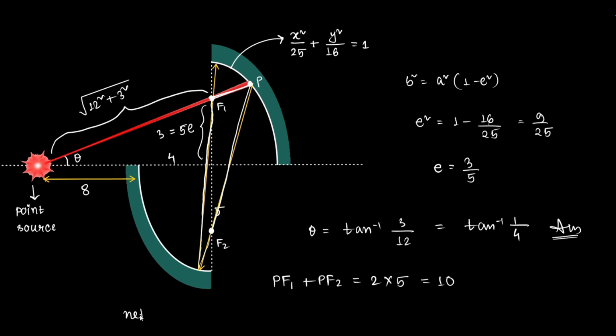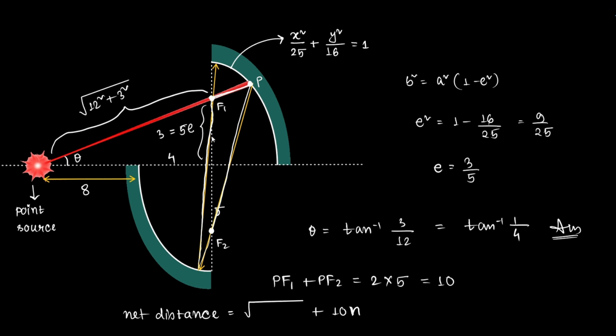So the net distance will be this distance, whatever it comes, plus 10 times something. If you simply multiply by n, it may be wrong, because I should have mentioned that this n is very large. When it is large, you can see it's almost parallel to this major axis, isn't it?